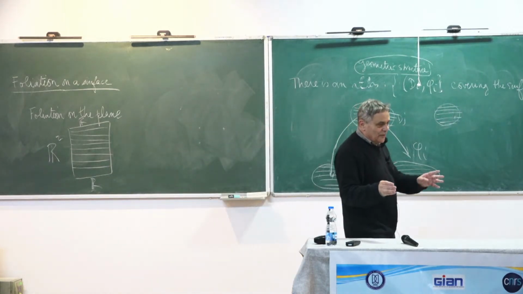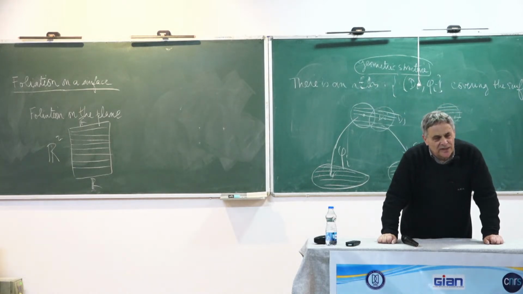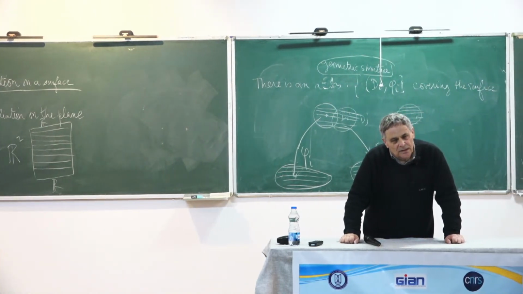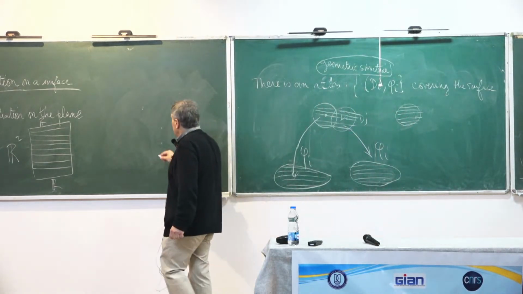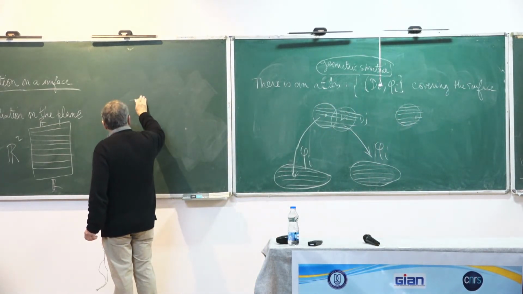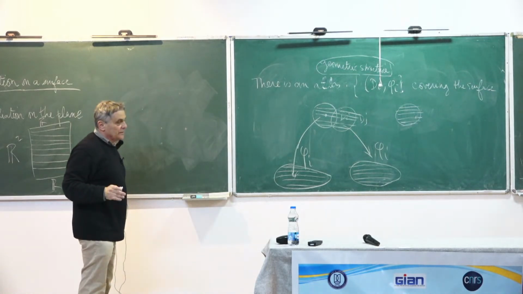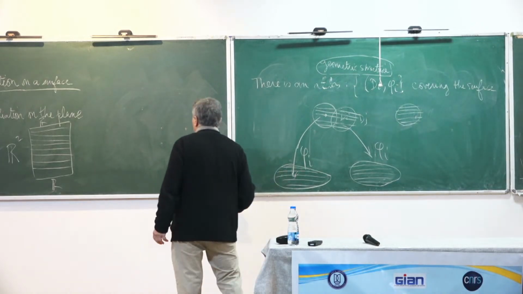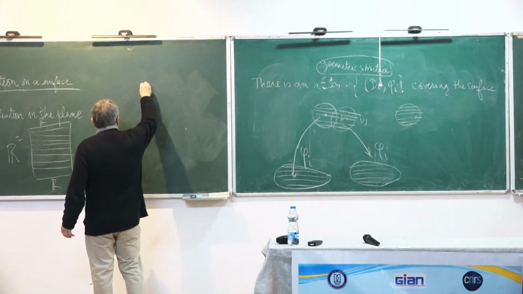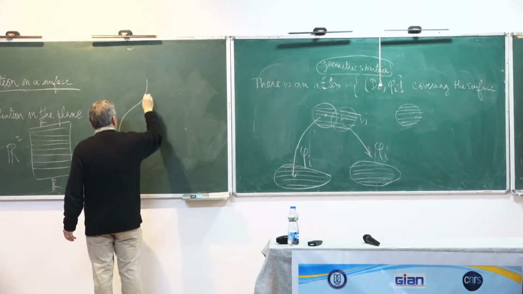So let's talk a little bit about foliations. Foliations of the torus. Before foliations of the torus, let's talk about foliations of the plane. The plane itself is a surface. So what kind of foliations can I draw in the plane? So this is a foliation.